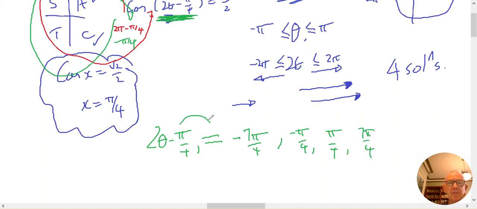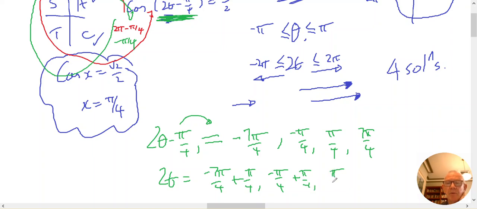If I add pi on 4, I've got 2 theta equals minus 7 pi on 4 plus pi on 4, minus pi on 4 plus pi on 4, pi on 4 plus pi on 4, and 7 pi on 4 plus pi on 4.